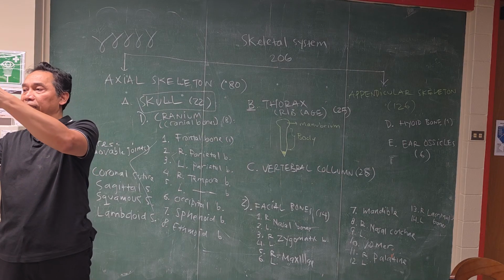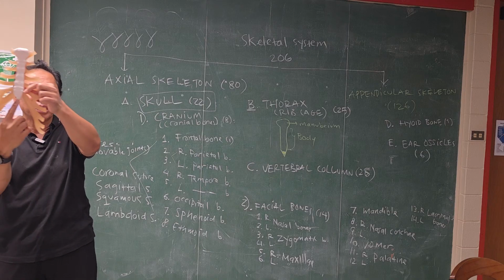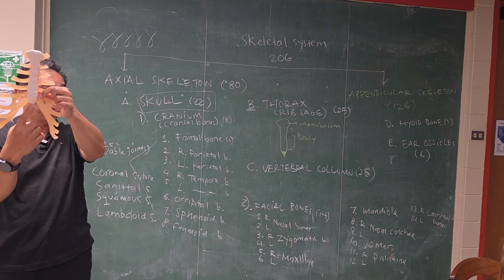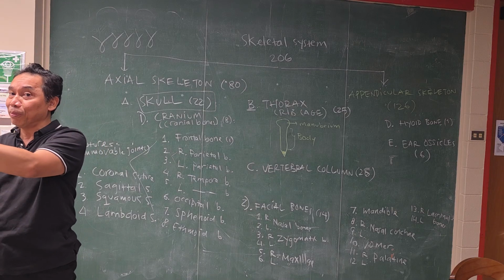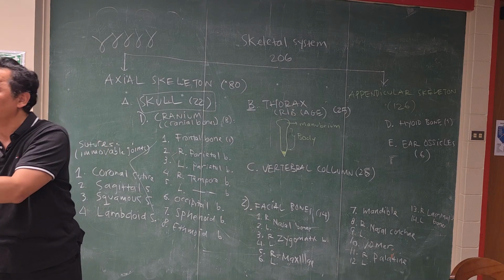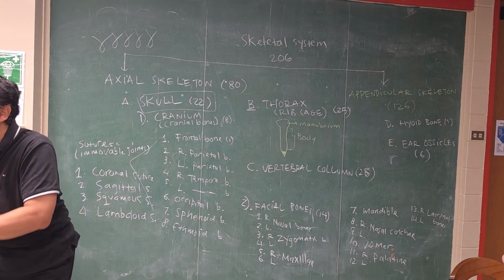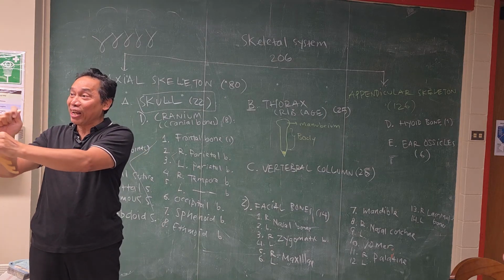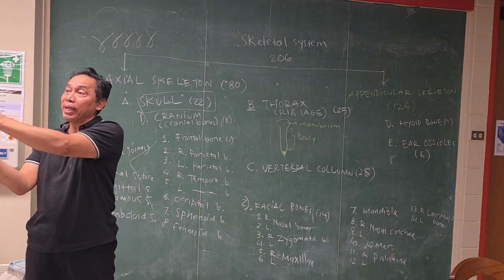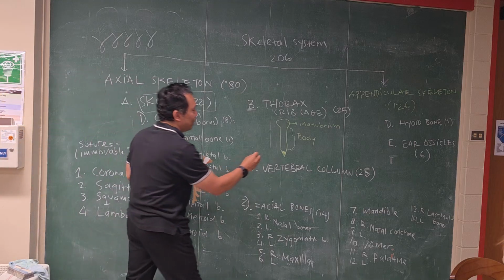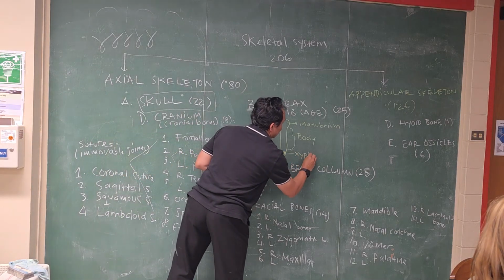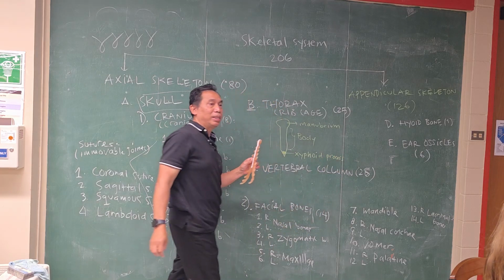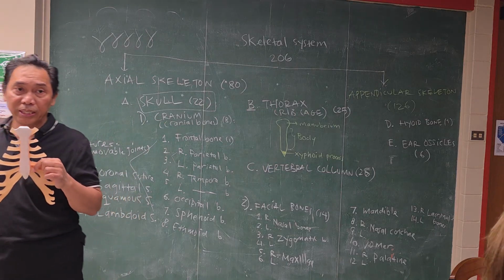And the very small part at the end is mostly still cartilage, not bone. Therefore, it's really fragile. When you help someone with CPR, you have to do it the right way, otherwise it might break this. That one is called the xiphoid process, which is mostly cartilage, easy to break.